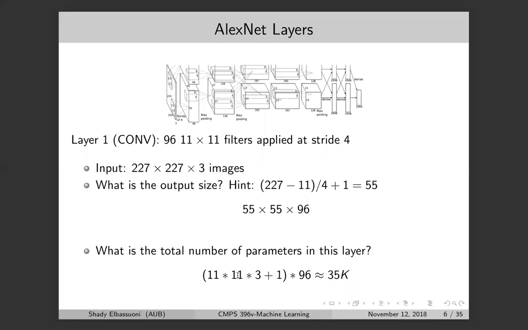So it's 11 by 11 by 3 plus 1, which is the bias, times 96, because I have 96 of these filters. Each one would have different weights. So that's approximately 35K weights for the first layer alone. For the computations, the pooling, of course, doesn't involve any weights. So the first layer would have 35K parameters to learn. All right?